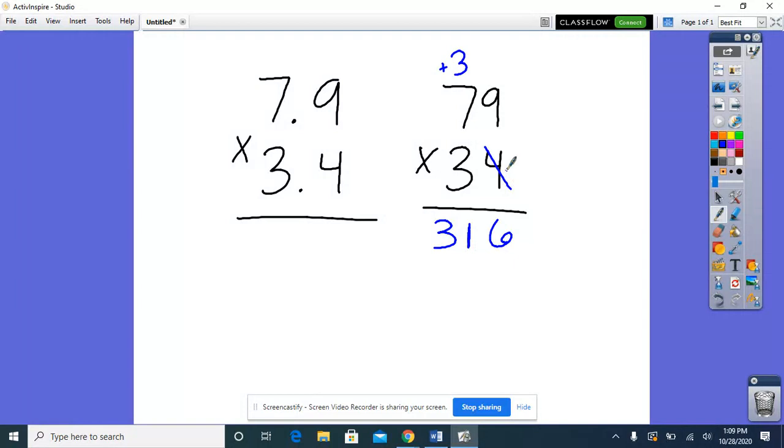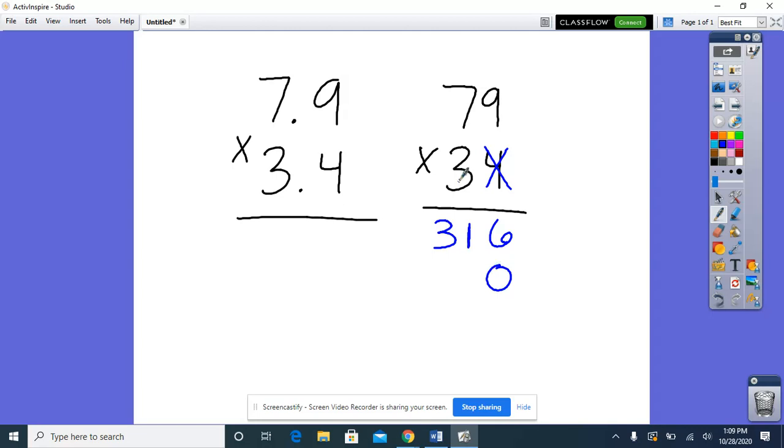I'm done with my 4, because I already did 4 times 9 and 4 times 7. And then I can either erase this plus 3 or mark it out. I'm just going to erase it. And now I need to add a 0 as my placeholder. That's really, really important, and it's easy to forget.